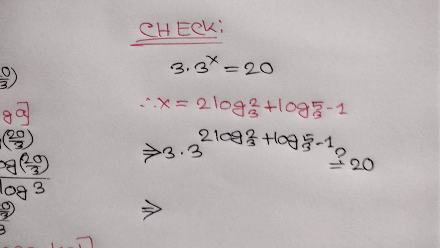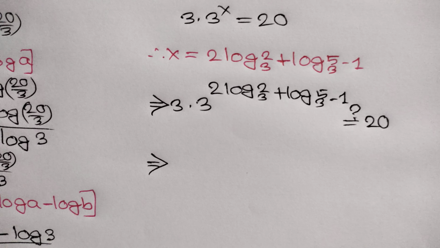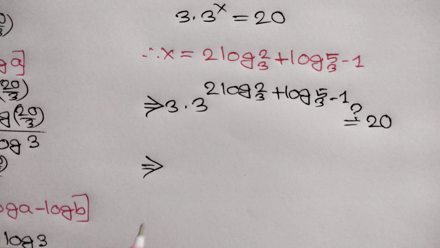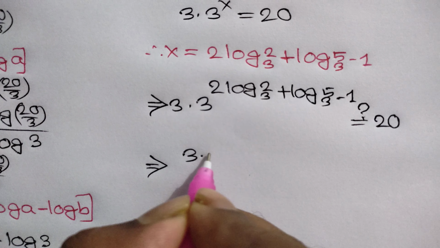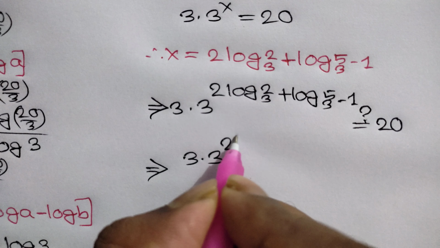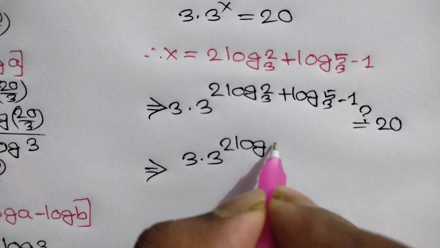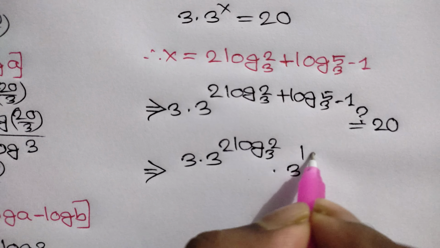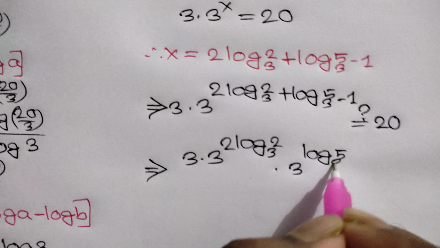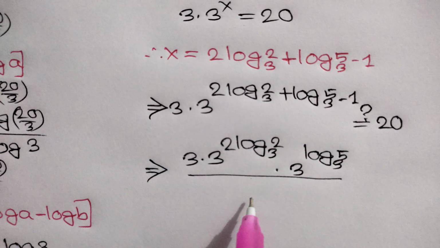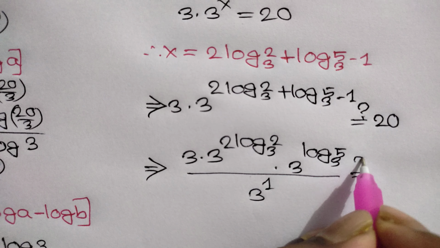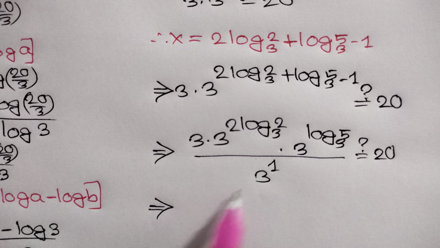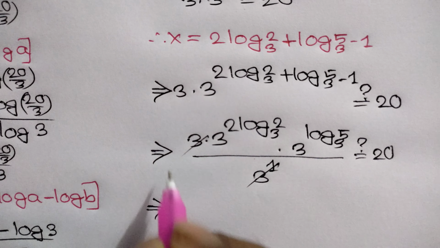Or here we can use the logarithm exponential formula, so we can write 3 times 3 to the power 2 times log of 2 base 3 times 3 to the power log of 5 base 3, all over 3 to the power 1, is it equal to 20? Or 3 to the power 1 means 3, so this 3 cancels out this 3.